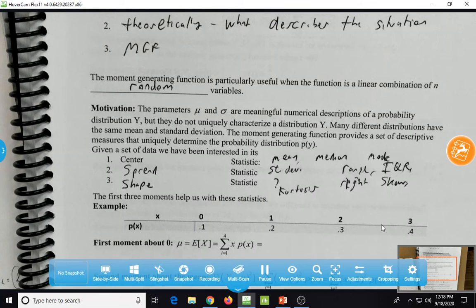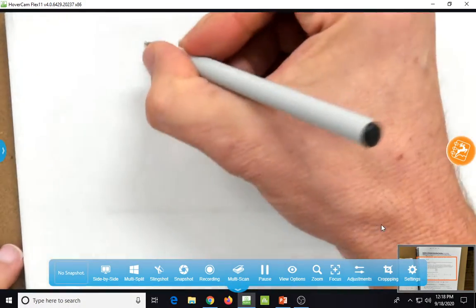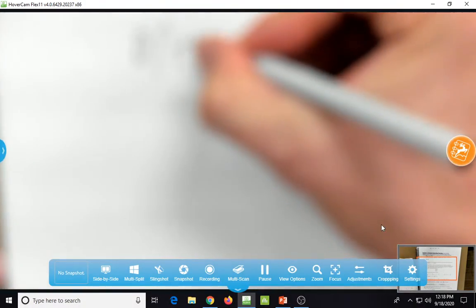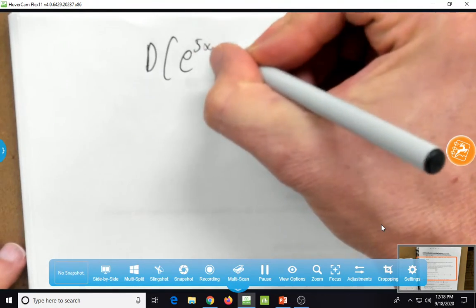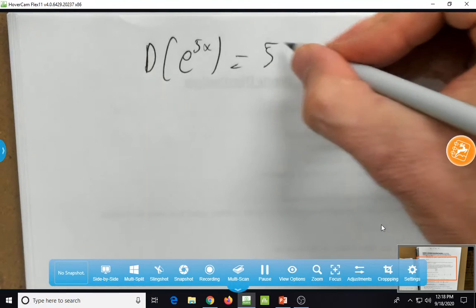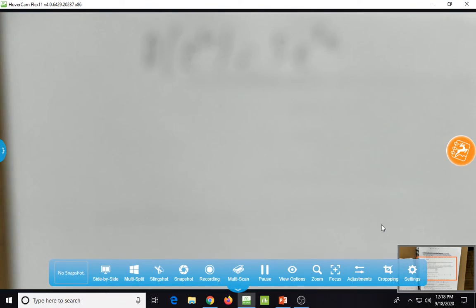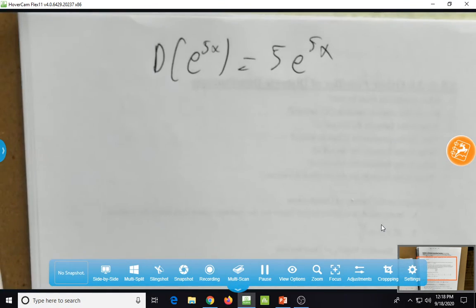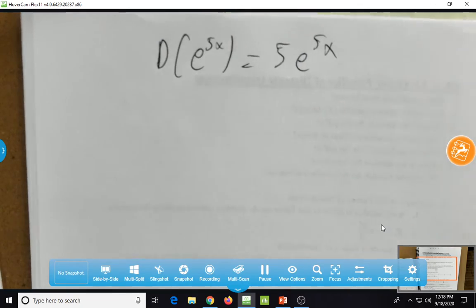Now, before we move on to the rest of this part, we need to remind ourselves how to differentiate. I'm just going to flip this over for now. What is the derivative of e to the 5x? 5e to the 5x. Very good. We're going to use this derivative again and again.